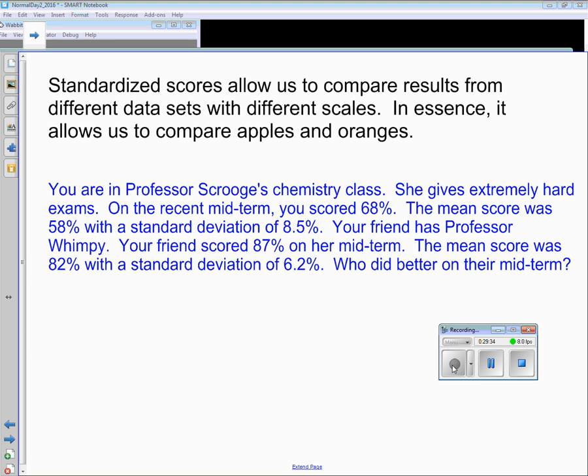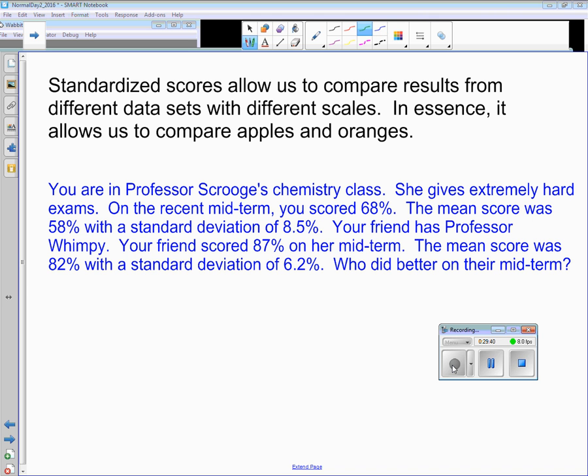They're not comparable because they have 2 means and 2 standard deviations. So what I have to do here is find the Z-score for Professor Scrooge, or for me. Isn't that me? I'm the one that's in that class. And then my friend has Professor Wimpy. Let's find those Z-scores. Let's do it. How do I find the Z-score that relates to my grade?